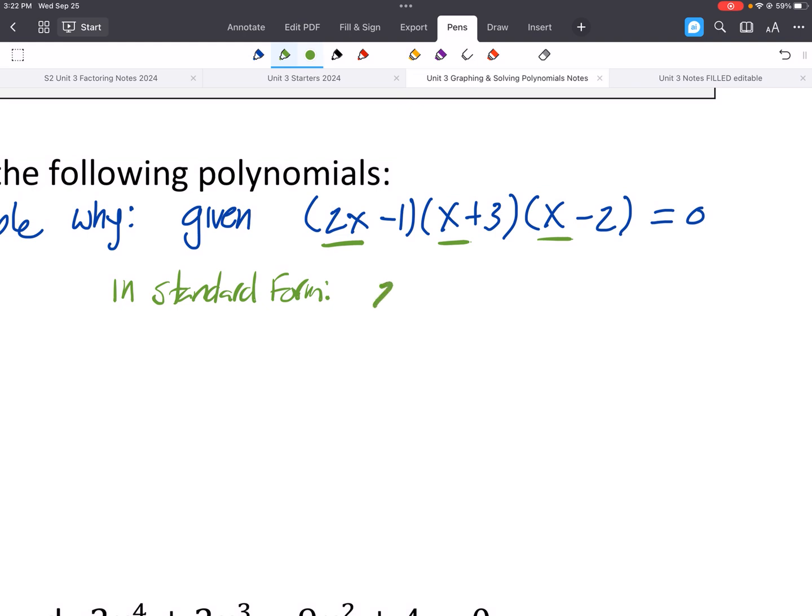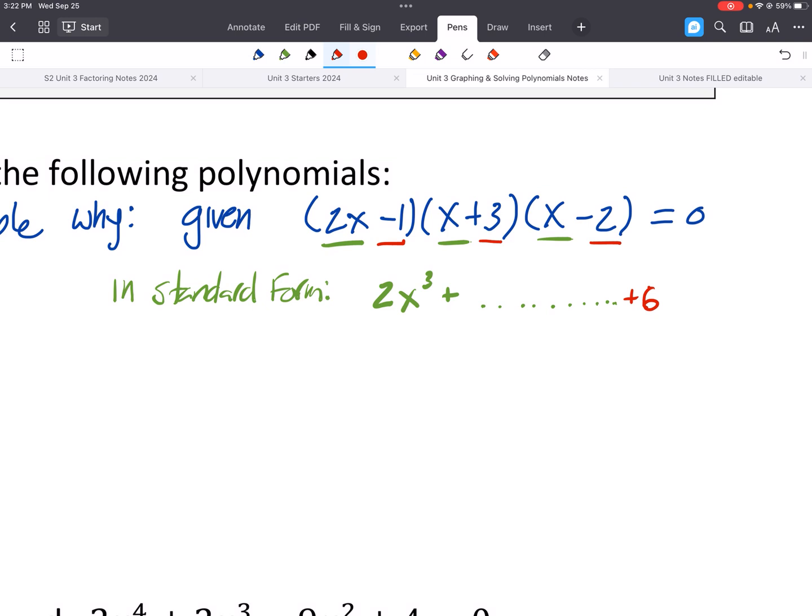We'd get 2x to the third. And to find the constant, we multiply all of the last terms, and we would end up getting a positive 6.